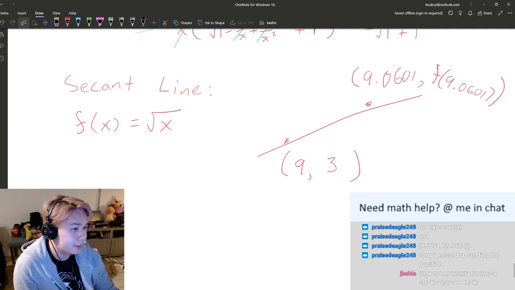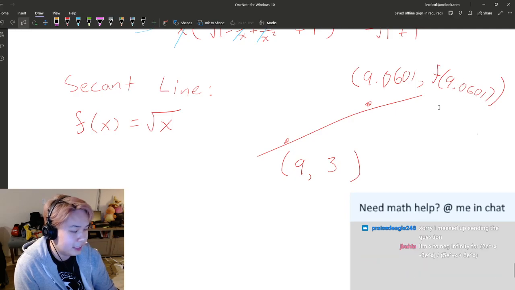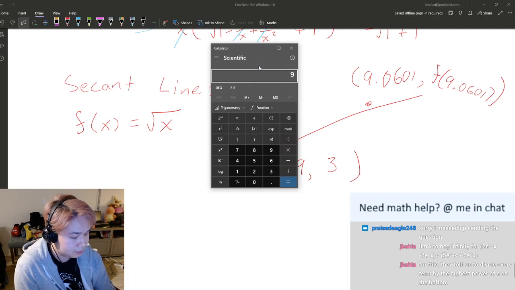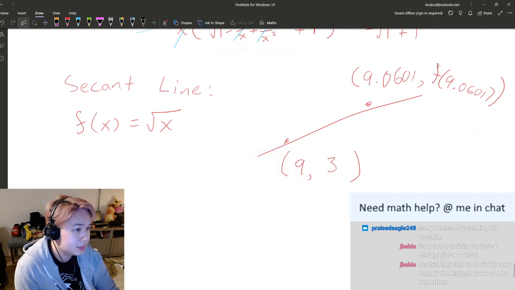And for this one, you're going to need a calculator because you have to square root this value. So take this and then we square root it, and you get 3.01. So this is 3.01.